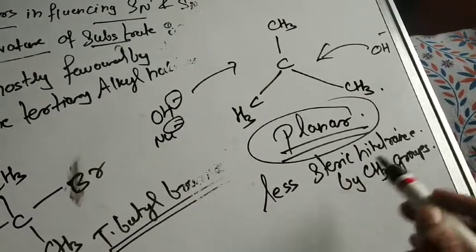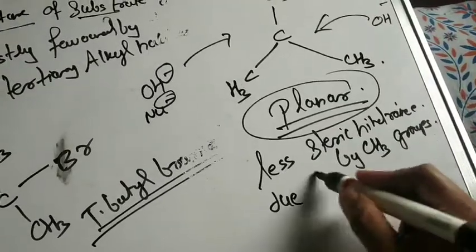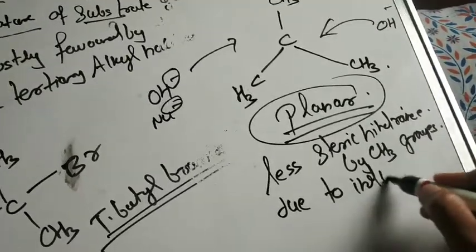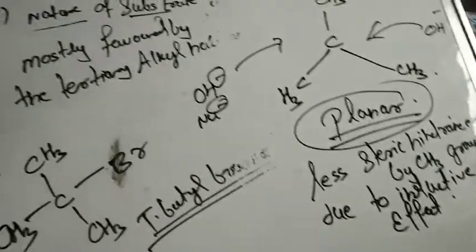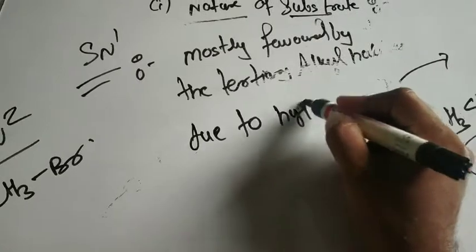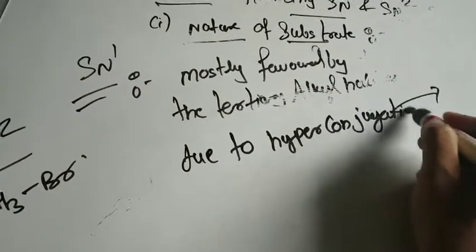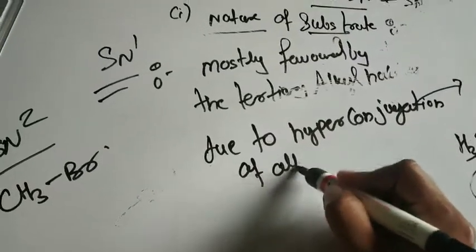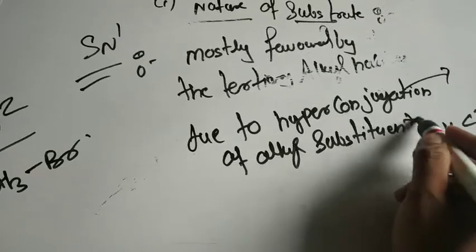That is due to the planar configuration and due to the less steric hindrance by the CH3 groups, and also due to the inductive effect, and also due to the hyperconjugation of alkyl substituents, right?